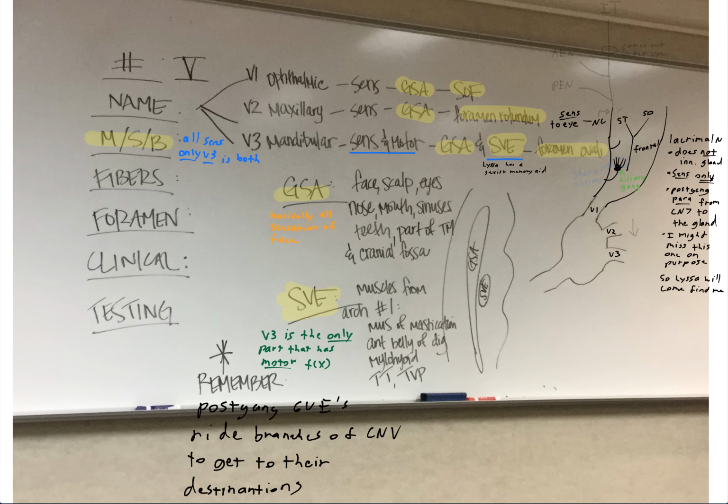So it would be a fair question if they ask, if the nasociliary gets cut, then technically GVEs and sensory have been impeded. That should make sense. If I chop the short ciliary nerve, I've lost sensation to the back of the eyeball, and I've lost input to the ciliary muscles and the constrictor pupillae, because they're riding it.